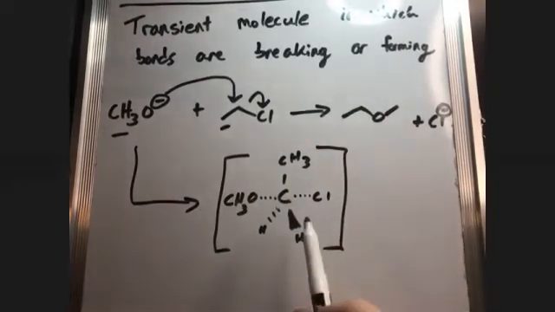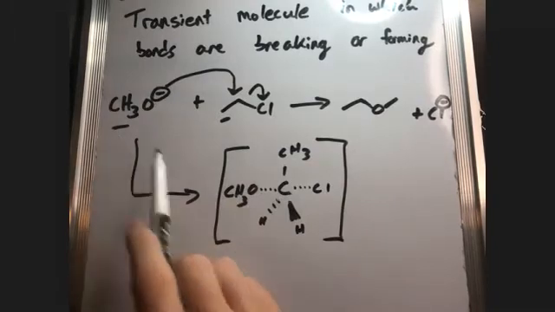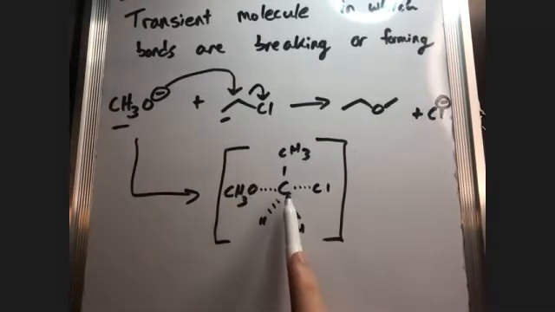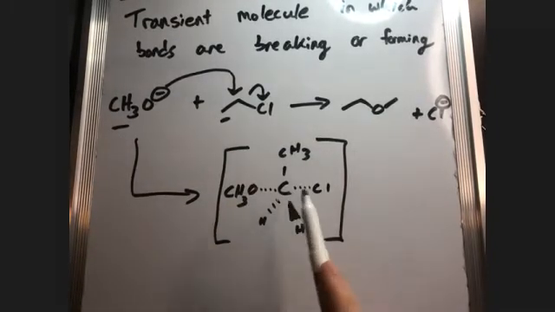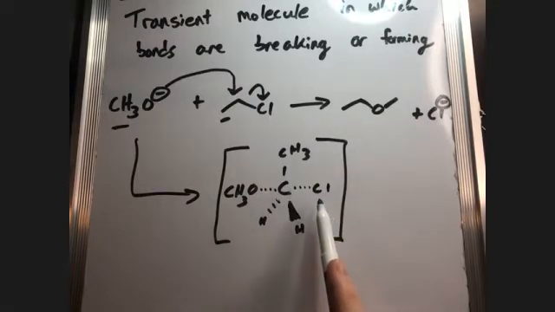Okay, the reason I corrected this is that the dotted line represents that the bonds are breaking or forming. In this case, we're forming the bond between this oxygen and the carbon at the same time that we're breaking the bond between the same carbon and the chlorine, which is the leaving group. So this explains, or at least visualizes, what we mean when we say that bonds are breaking and forming simultaneously, in the sense that this is concerted.